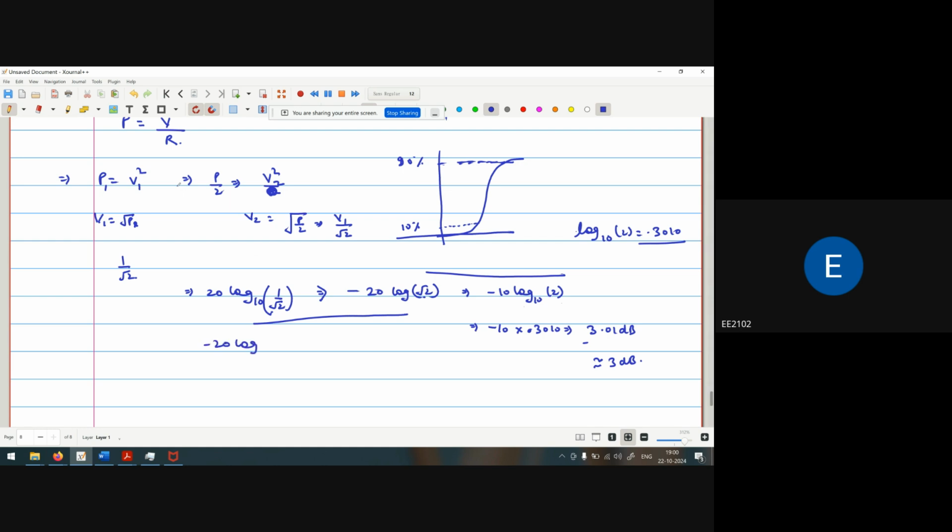Minus 20 log 2 power 0.5, so I do minus 20 into 0.5 log 2, that is minus 10 log 2, and it is minus 3.01. So if I'm talking about the dB, the value should lie 3 dB less than the maximum value. So that's why we are taking the half power point, the 3 dB point.